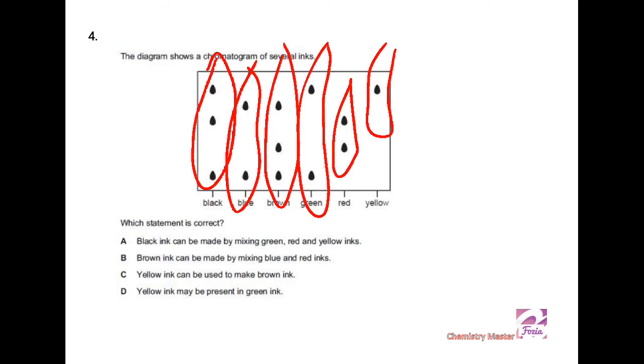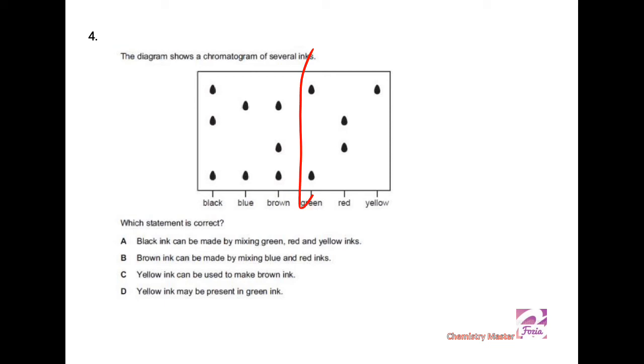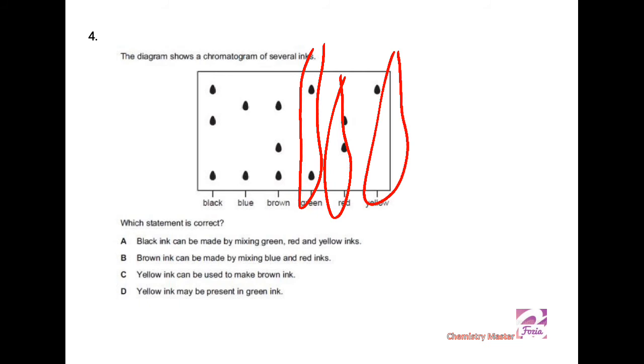The question is which statement is correct? Okay, we read option A first. Black ink can be made by mixing green, red and yellow inks. Now you see, if the black ink can be made by mixing green, red and yellow, means the spots shown by green, red and yellow must be present in black color.